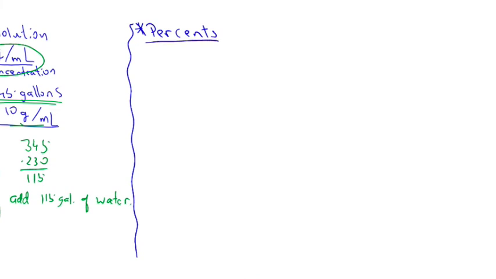Percent literally means out of 100. Per being the out of, cent as in century or cents. There's 100 of them. So if I have a fraction, we want to do a pure definition: A over B is equal to x out of 100 would be what percent A over B is.